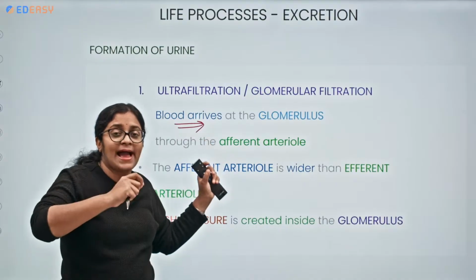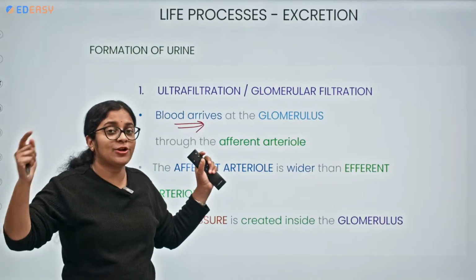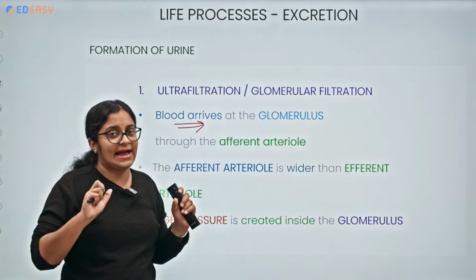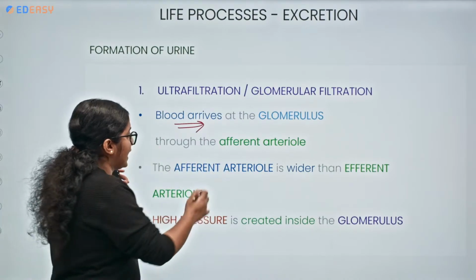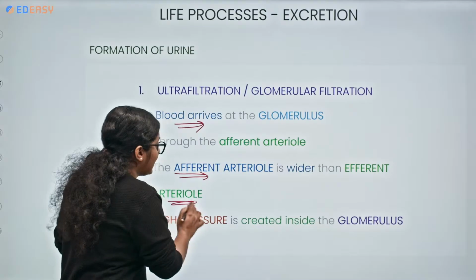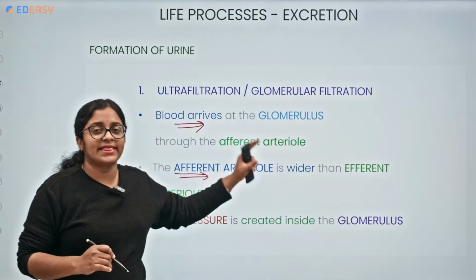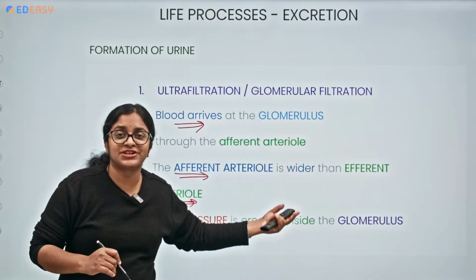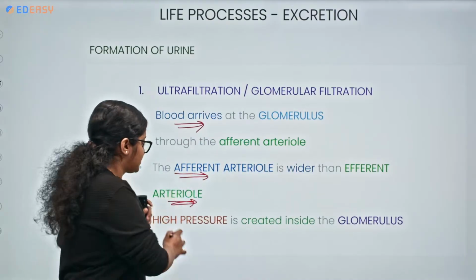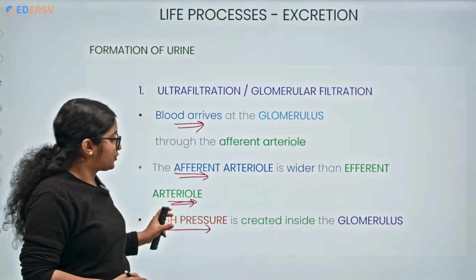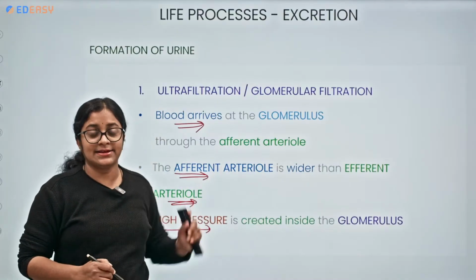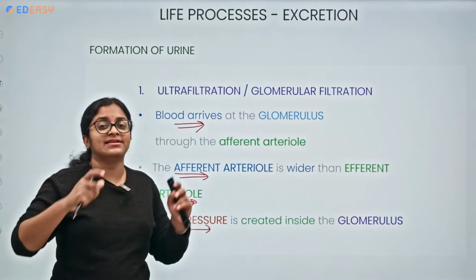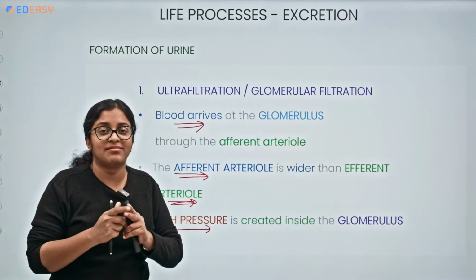And there is an arteriole that is leaving the glomerulus, called the efferent arteriole. The afferent arteriole is wider than the efferent arteriole. So there is a creation of pressure differences inside the glomerulus. High pressure is created in the glomerulus, because of which there is filtration of the blood.